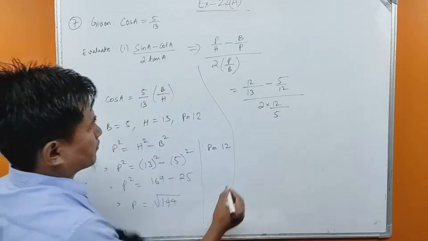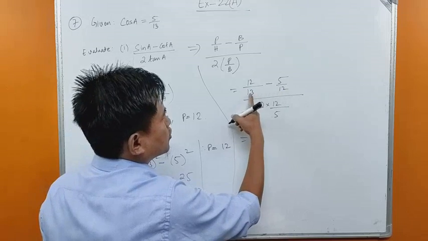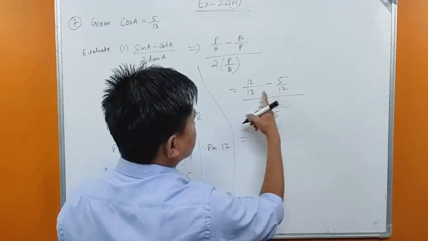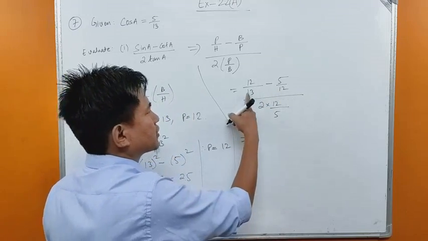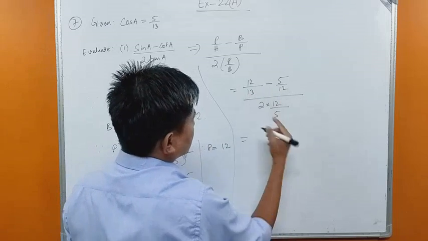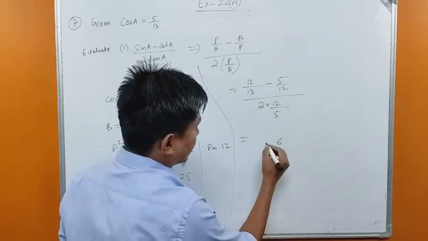Now the LCM of 13 and 12: there is no common multiplication table between 13 and 12, so the LCM will be just the product of these two numbers.